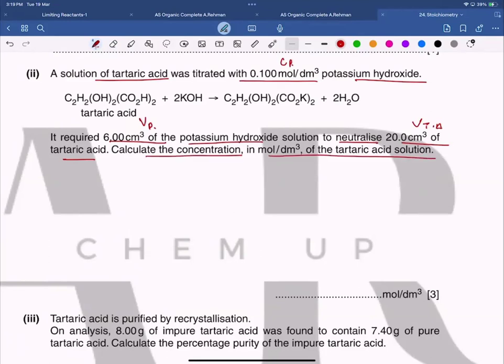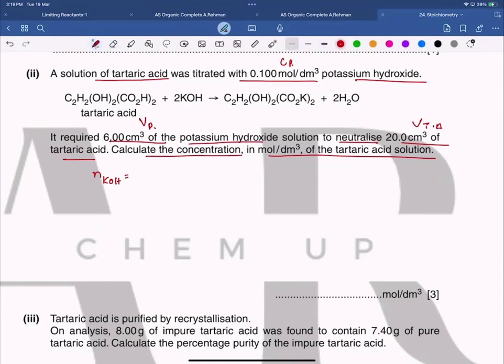Okay, so this type of question can be done in two ways. One way is the one which I was discussing with you earlier: I have to find the moles of potassium hydroxide, then we have to do the ratio. So it's concentration times volume, right?